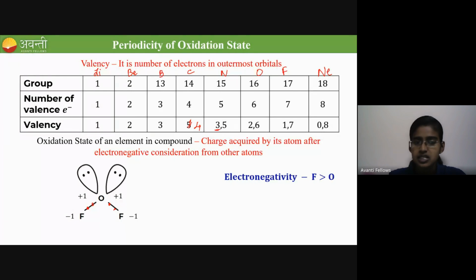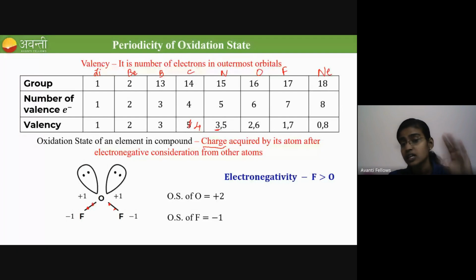So the oxidation state of oxygen is +2 and the oxidation state of each fluorine is -1. The charge acquired by one oxygen is +2 and by one fluorine is -1, which is nothing but the oxidation number of that element in the given compound. So it is the charge acquired by its atom after electronegativity consideration from the other atom.